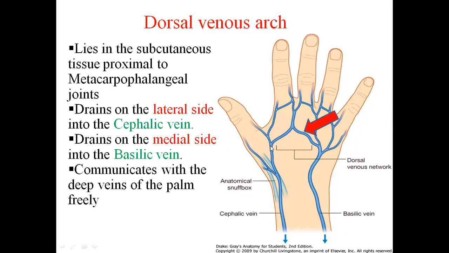So you can see on the lateral side, it is draining into the cephalic vein, and on the medial side, it is draining into the basilic vein. It communicates with the deep veins of the palm freely.